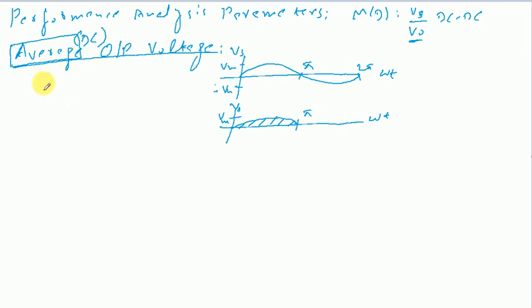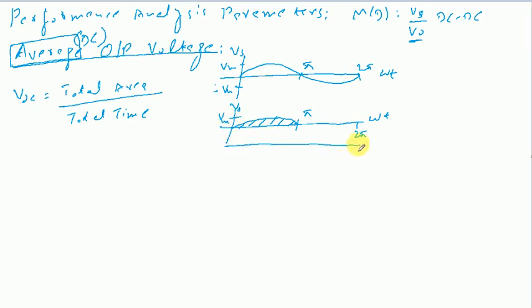Okay, since this is the average, I always tell my students that the simplest way of doing this is by using this simple mathematical equation: we need to determine the total area and divide it by the total time. So for the output voltage, what do we have?